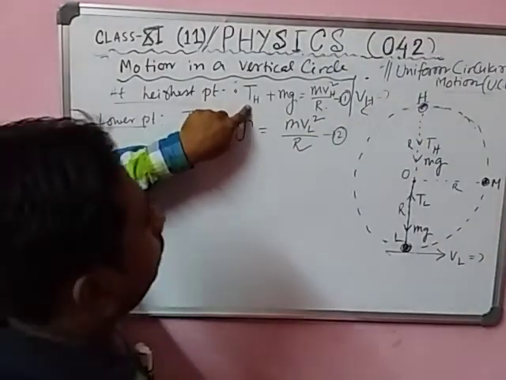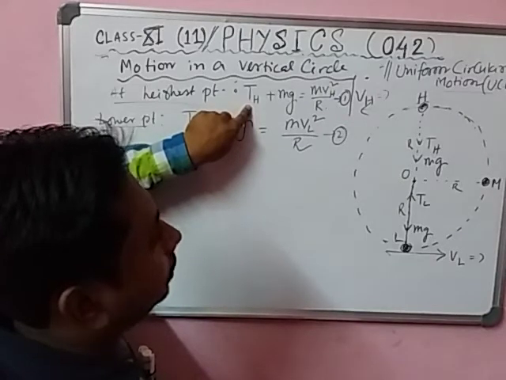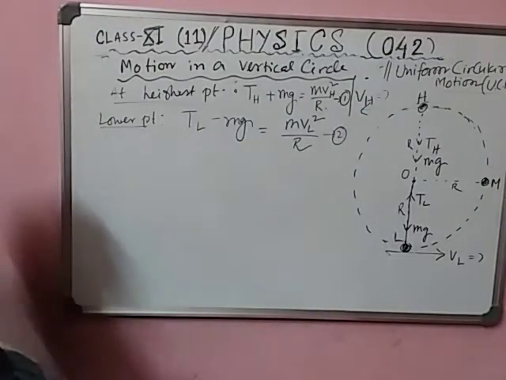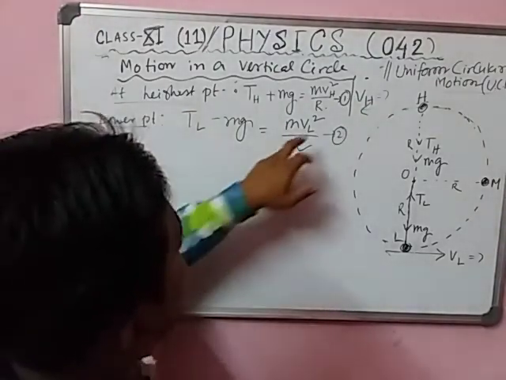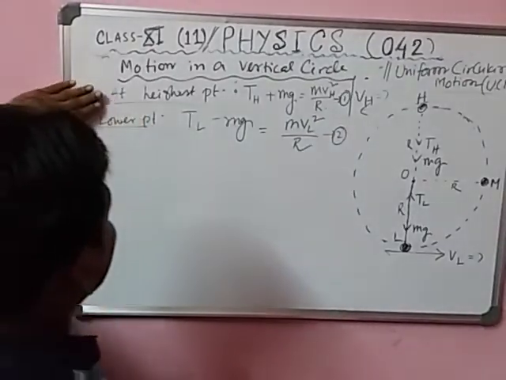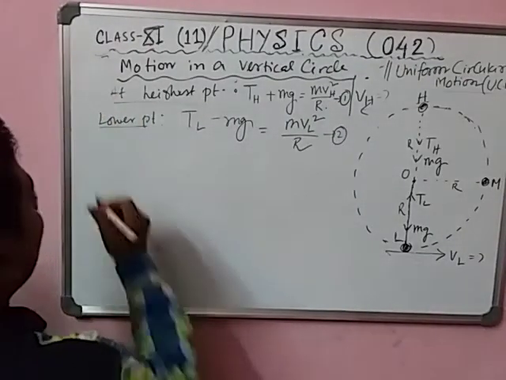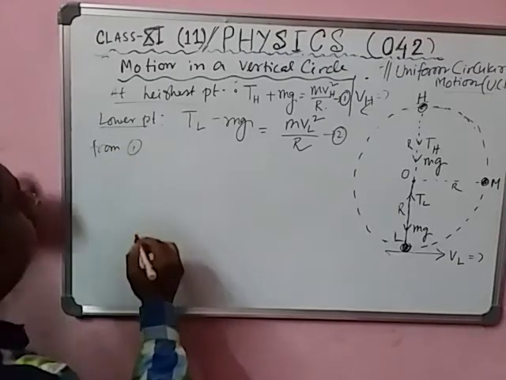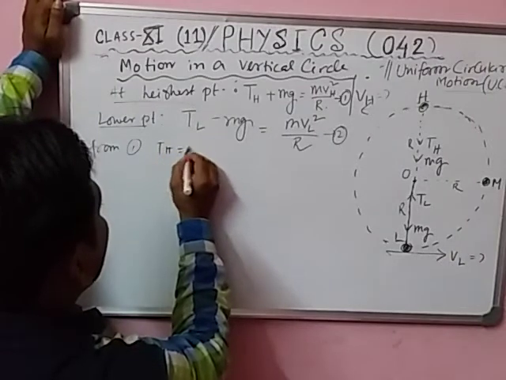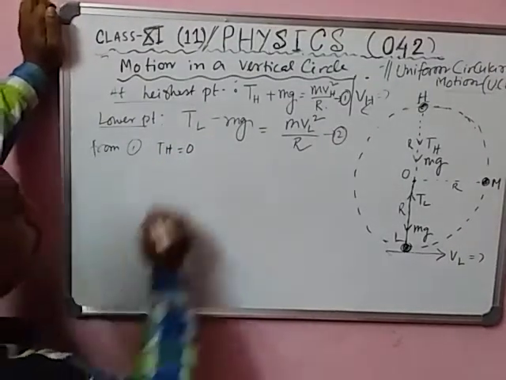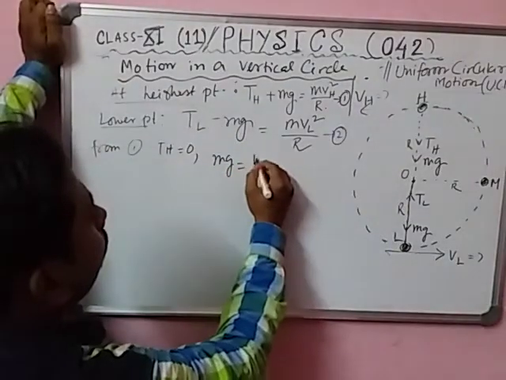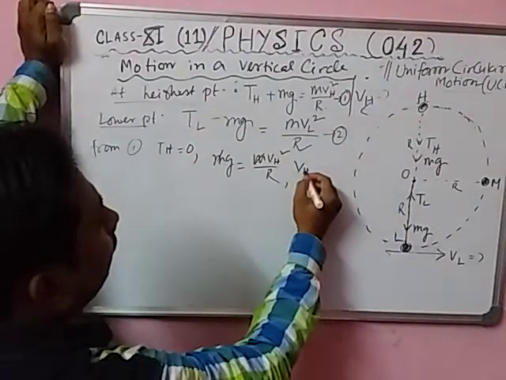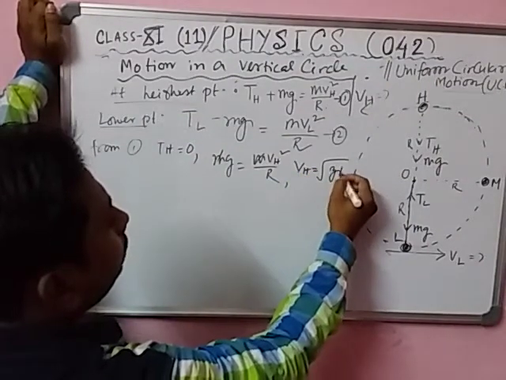So put the highest point tension TH equal to 0 in equation 1 for the minimum. Then mg is equal to mvh square by r, so vh equals root over of gr.